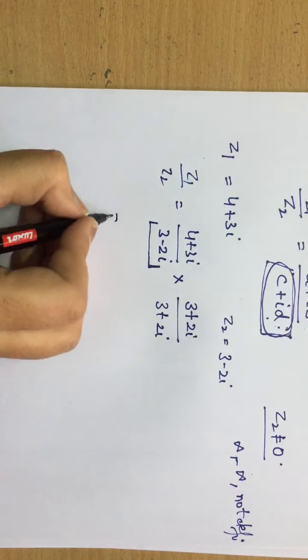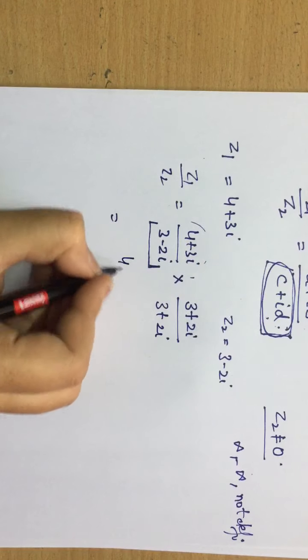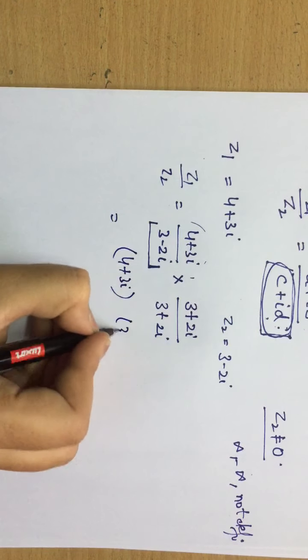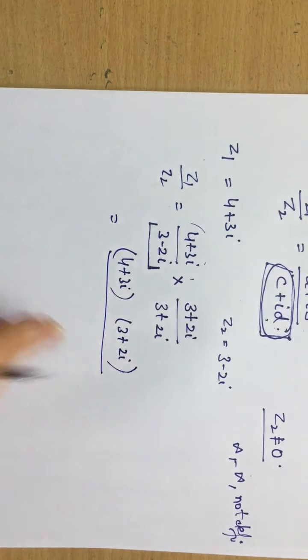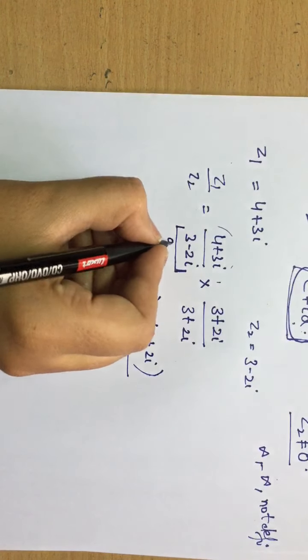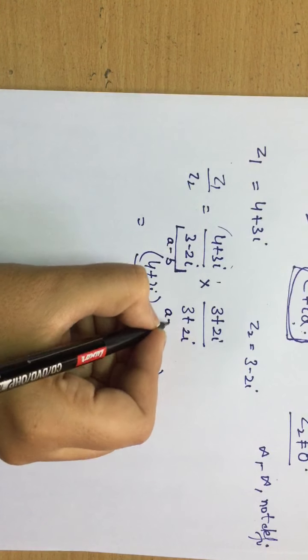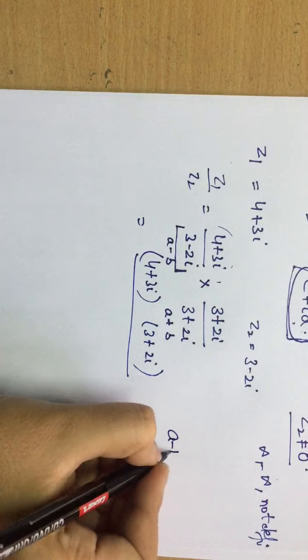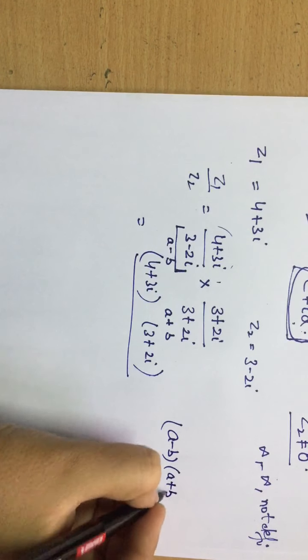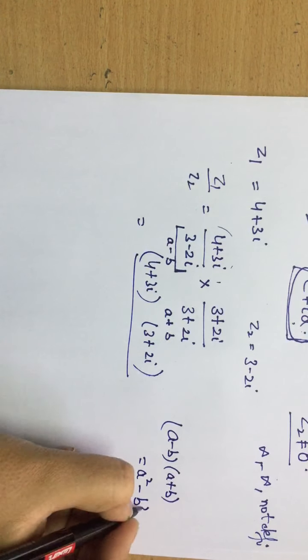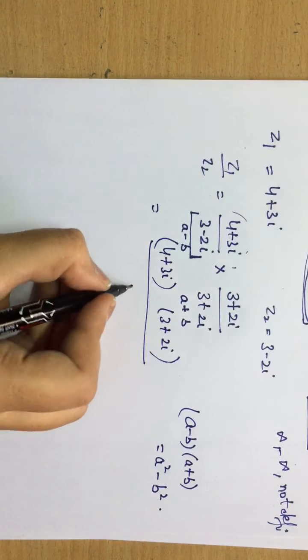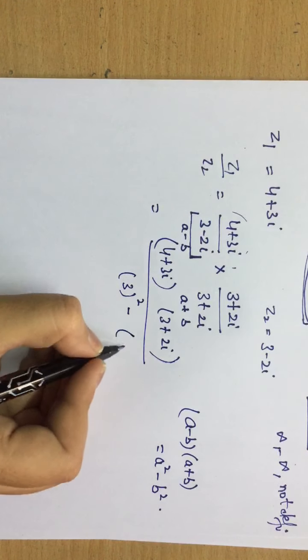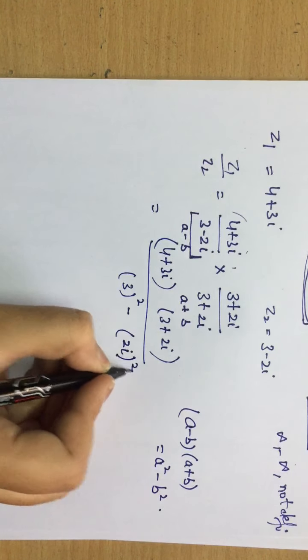Then I will multiply them. First part: 4 plus 3 iota into 3 plus 2 iota, and in the denominator I will get the formula a minus b, a plus b. I know a minus b into a plus b equals a square minus b square. So it will be 3 square minus the second term, 2 iota square.